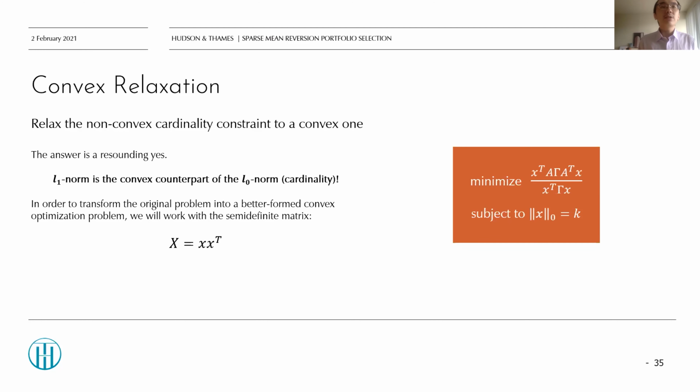So the answer is actually very simple. In order to relax the cardinality constraint into a convex constraint, we only need to change the L0 norm, which is the number of non-zero elements in the vector, to the L1 norm. And in order to transform the original problem into a convex optimization problem, or a semi-definite programming problem, we will work with the semi-definite matrix, which is the portfolio vector multiplied by its transpose.